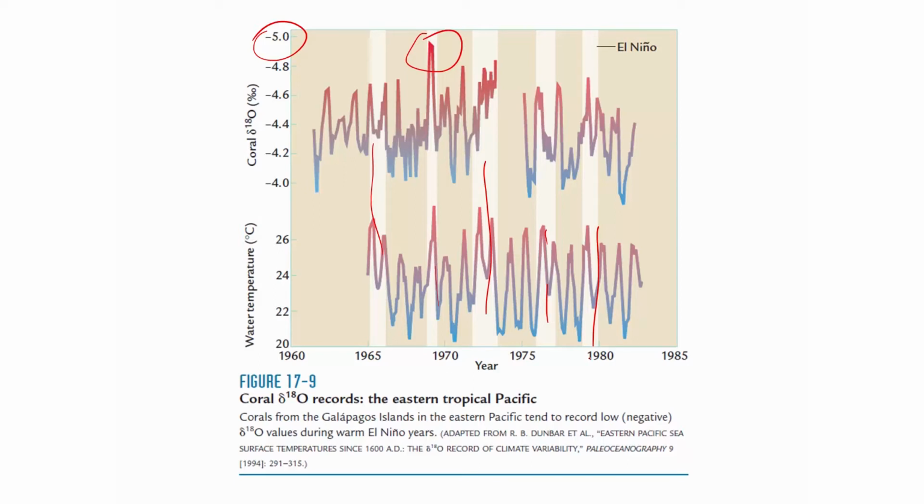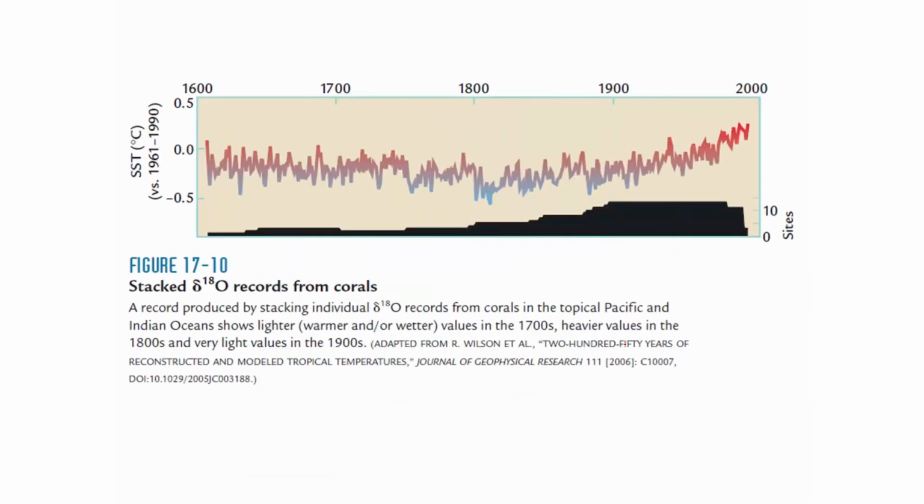So that can be used to infer water temperature. Obviously in these periods we had water temperature information, so they can be used together to calibrate and so on. And you can then reconstruct longer term coral based temperature reconstruction.